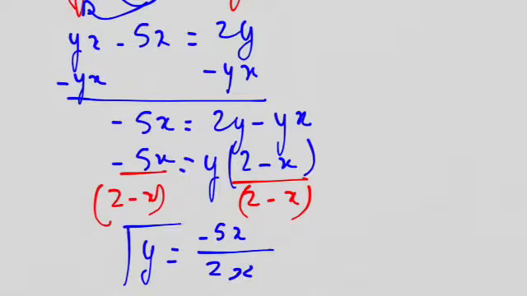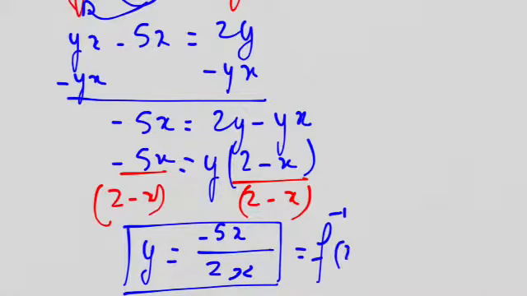Okay, and that is the inverse of your function f of x. Okay, so take a look at example number 4. It is exactly the same idea. I'll let you take a look also at the rest of the problems, because I think they're pretty easy.